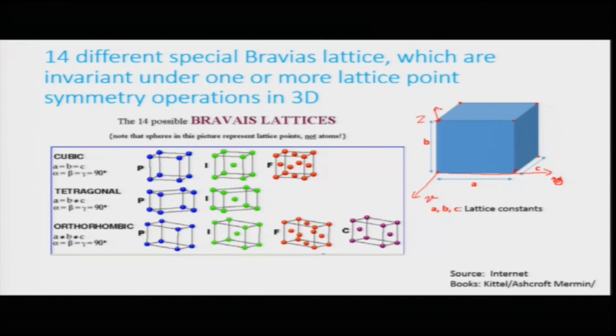This distance between two successive lattice points is given as A, the distance between two successive lattice points along the x direction is C, and along the z direction is B, and these are called lattice constants.